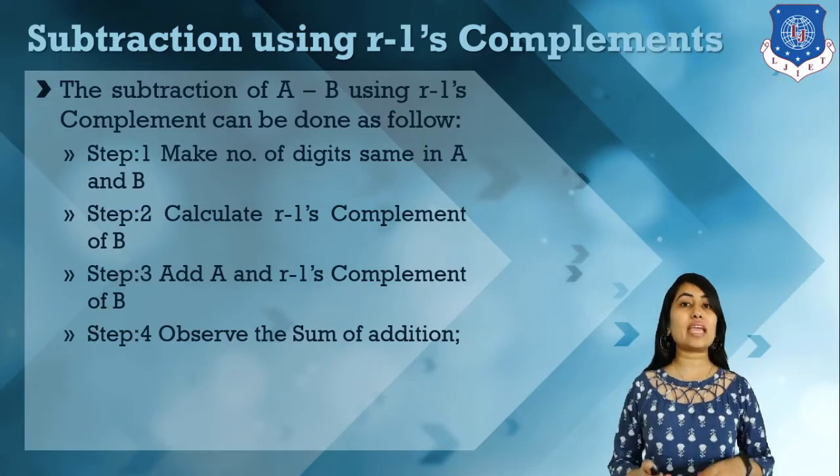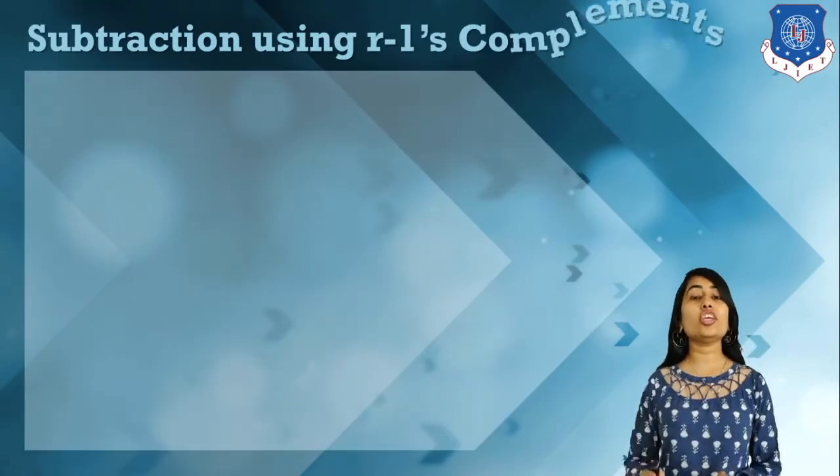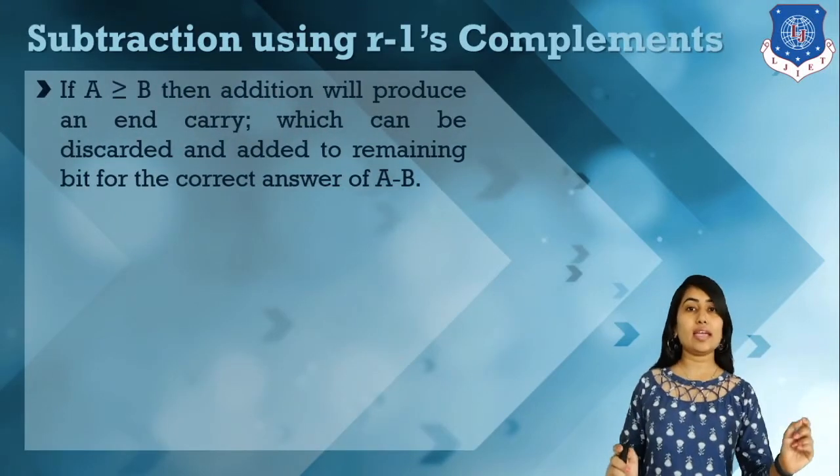So how can we get the correct answer? Whenever a is greater than or equal to b, we have an end carry. To find the correct answer, discard that end carry and add it again to the remaining bits.